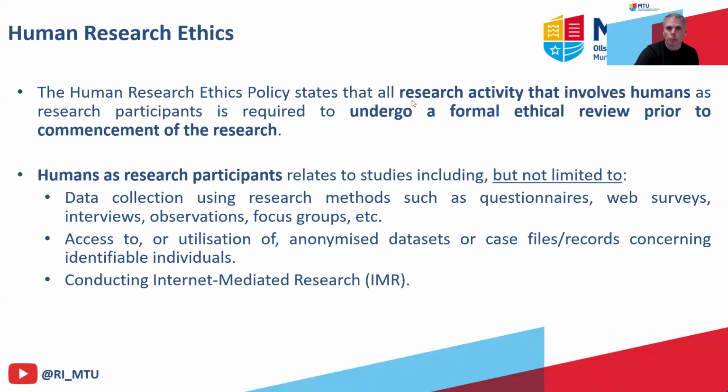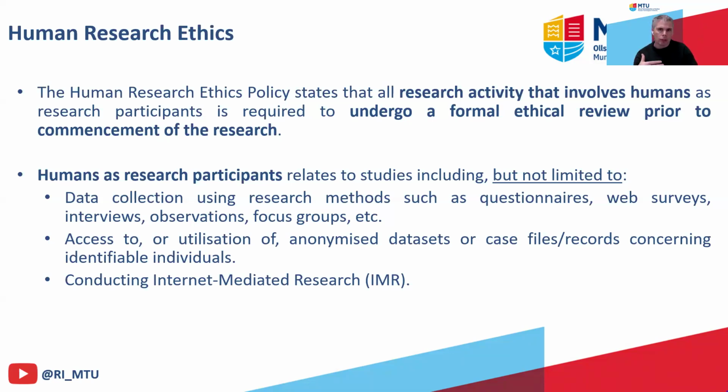Research conducted on humans would include questionnaires, web surveys, interviews, observations, focus groups, and data that has already been collected, so secondary data that has had the appropriate informed consent with it. It also includes collecting data through the internet, so internet-mediated research. All those examples are called out in our human research ethics policy.